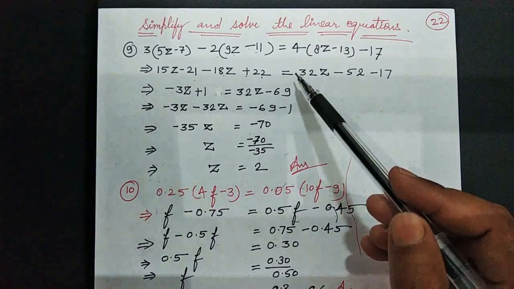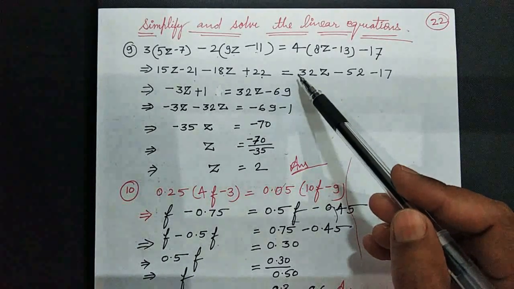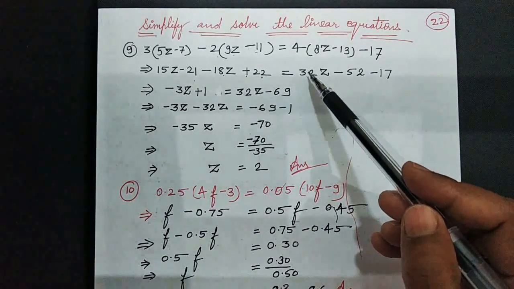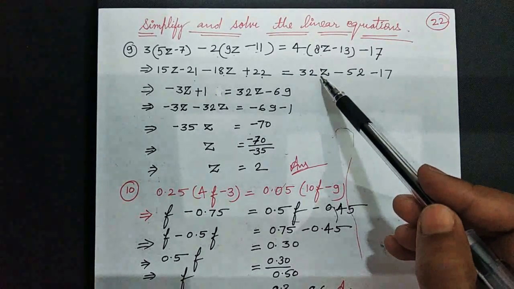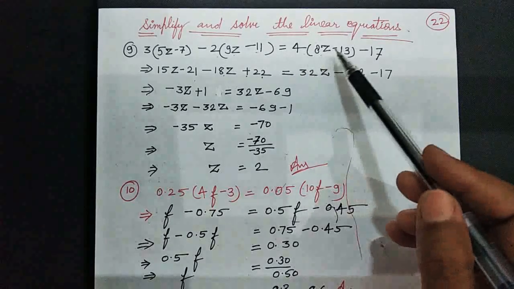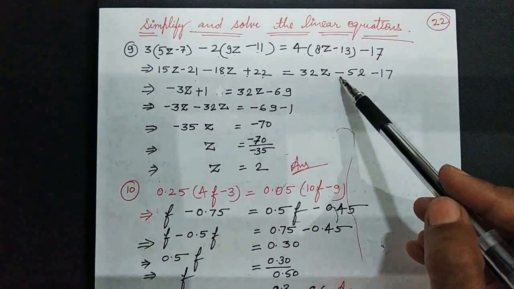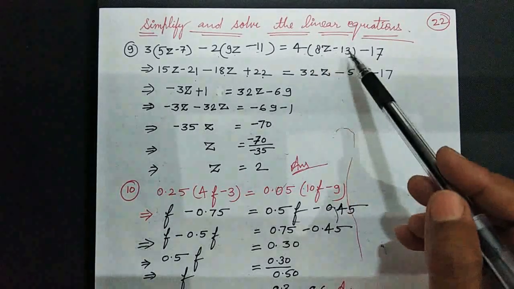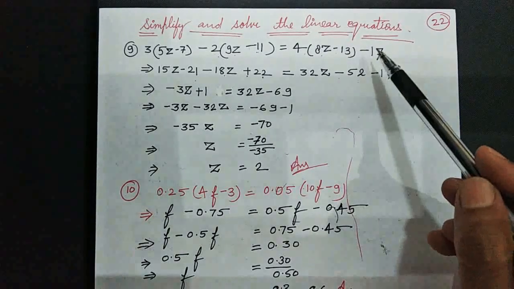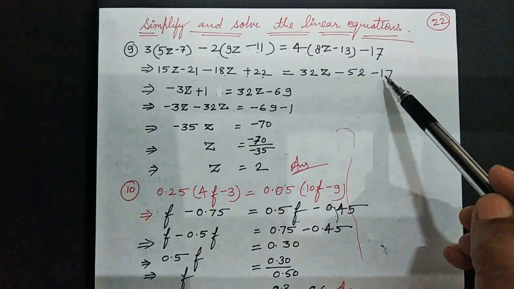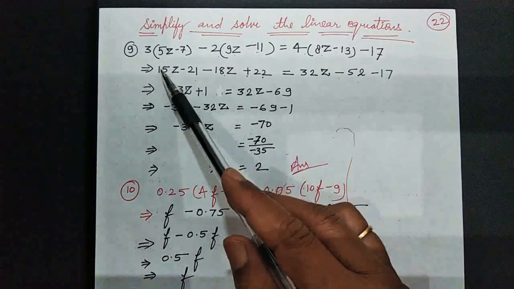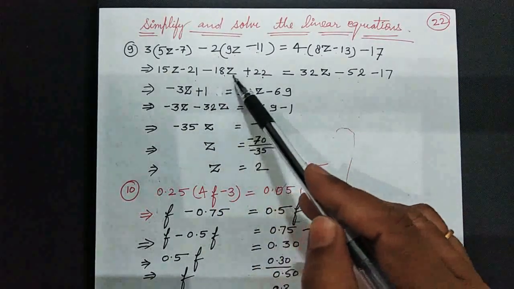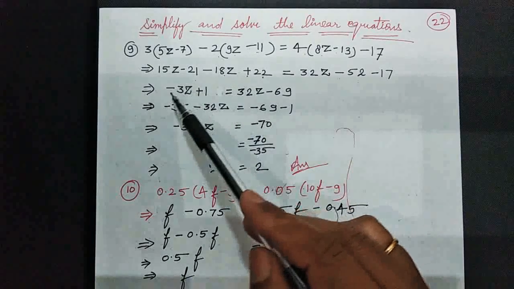And in the same way we will multiply the right hand side also. 4 into 8z, 4 eights are 32z. Plus and minus, when we multiply we get minus 4 into 13, 52. Now minus 17. Now here 15z minus 18z, when we solve, then what do we get?